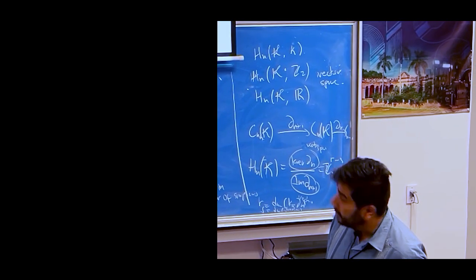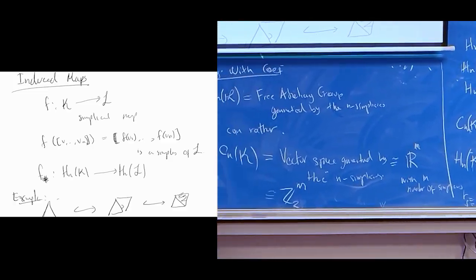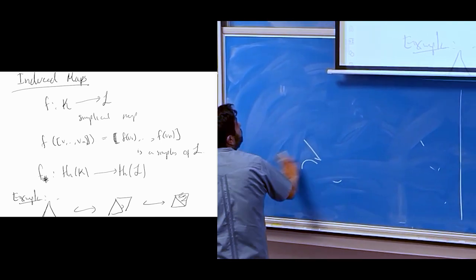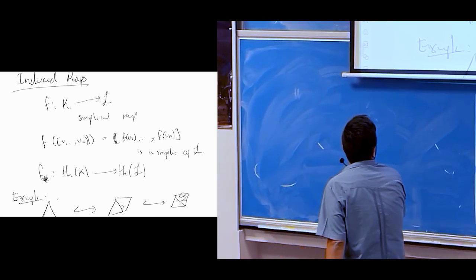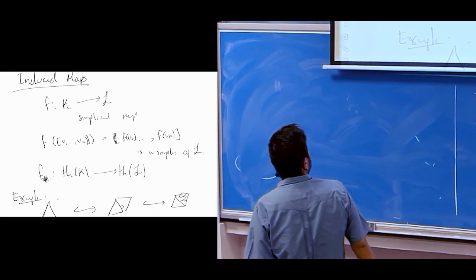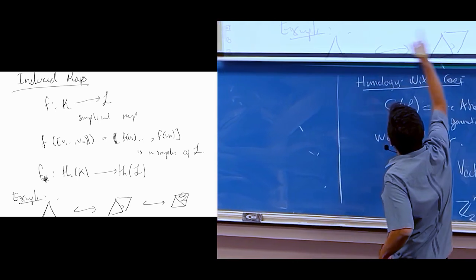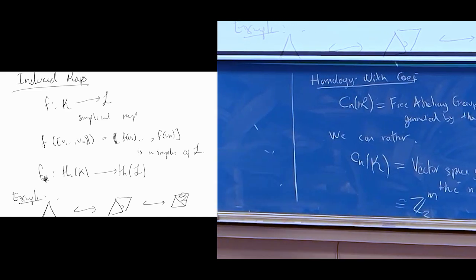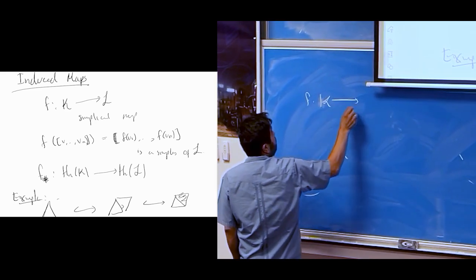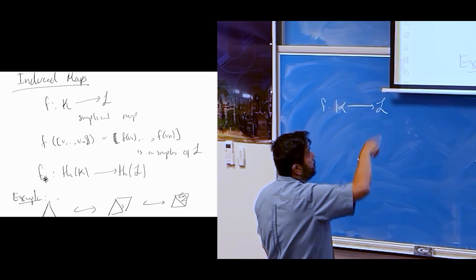Another thing that we need are the induced maps. The induced maps, this is something that we didn't say much about. In the case of simplicial complexes, if you want to use an induced map, you want to induce a morphism between the homologies. You need a function that goes from one simplicial complex to the other, and you need a condition on the simplicial complex.